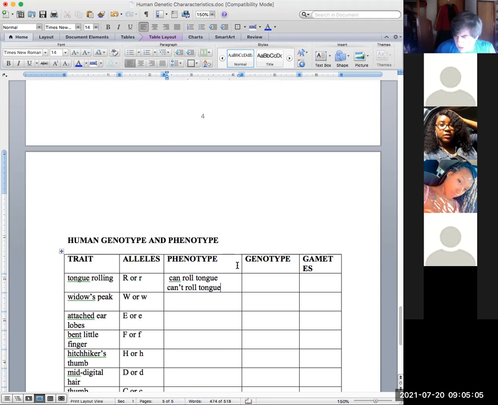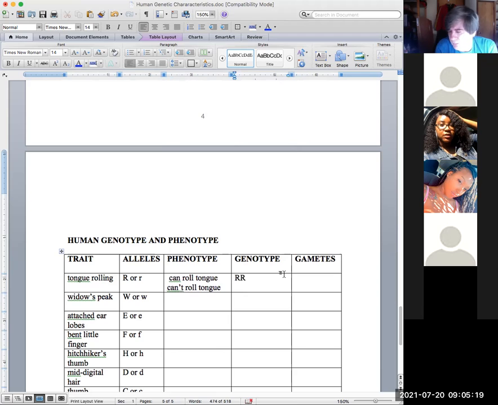So if you can roll your tongue, you're going to write that down. If you can't, you're going to write that down. Now, the ability to roll your tongue is caused by a dominant allele. So if you can roll your tongue, you're big R, big R. We use capital letters to designate dominant alleles.